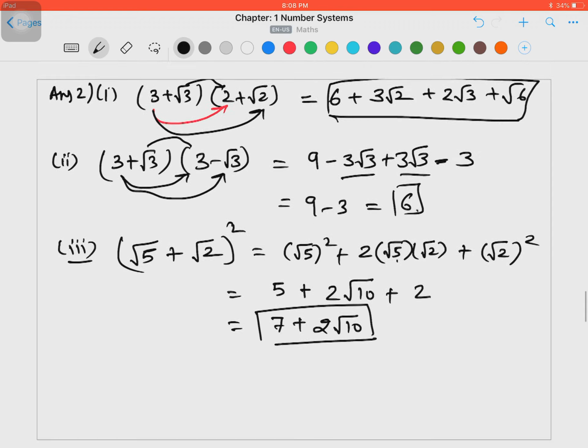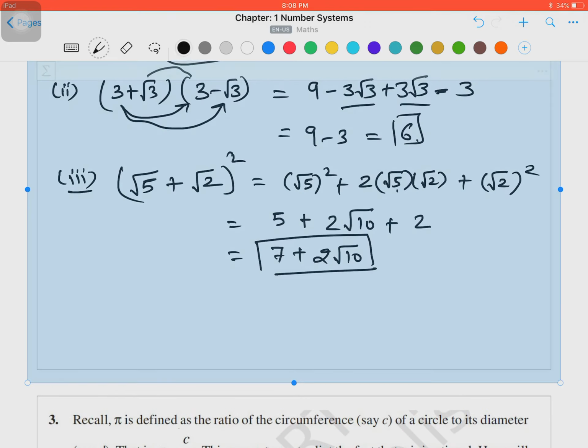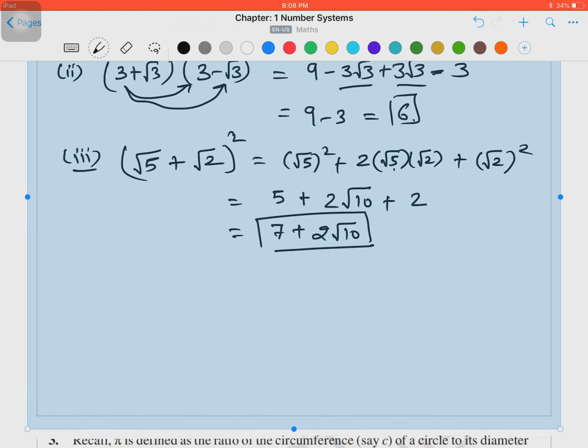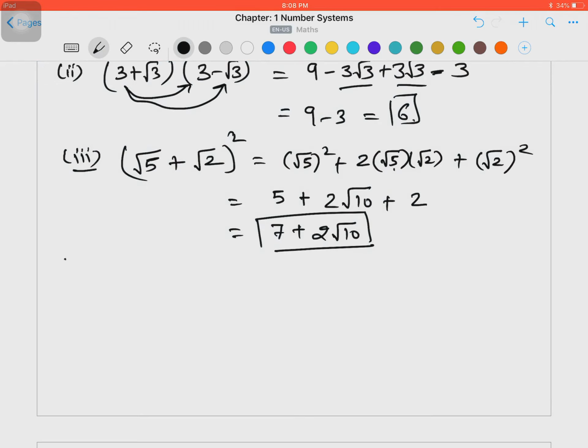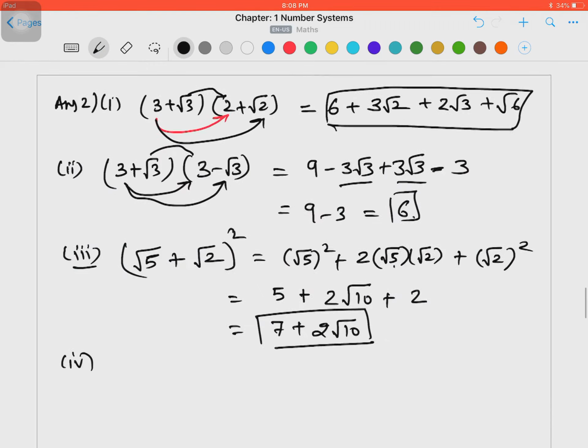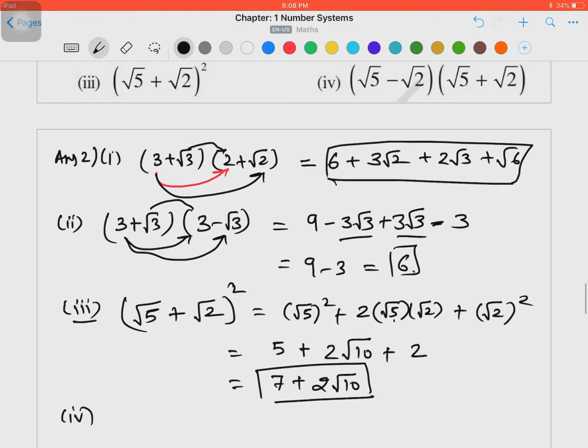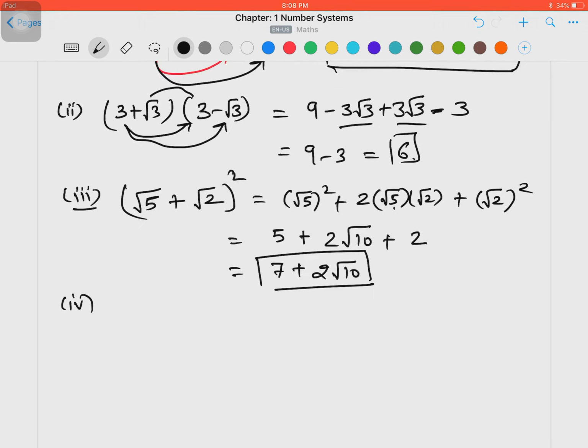And the last one, the fourth part, which is root 5 minus root 2 multiplied by root 5 plus root 2.